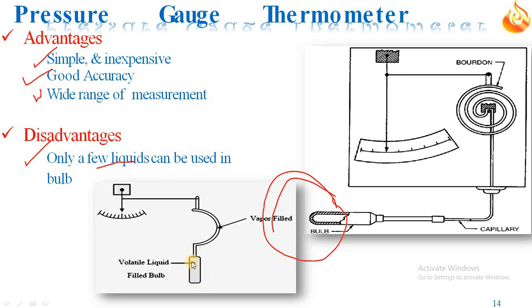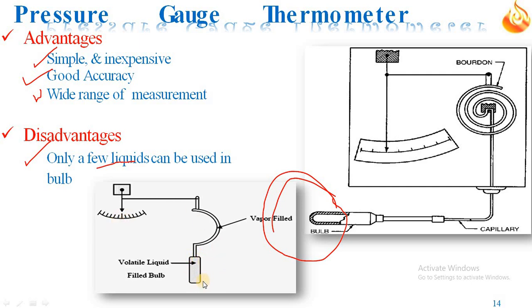So this is the bulb section. Then this is the part which we can consider as the Bourdon tube pressure gauge. The free end of this Bourdon tube is connected to a link which is further connected to a pointer, which indicates the value of temperature on a calibrated scale.